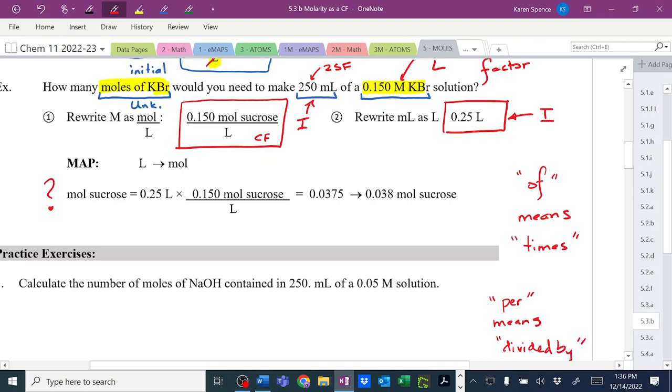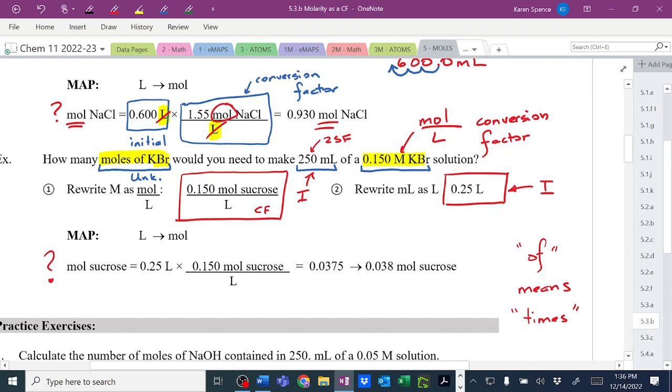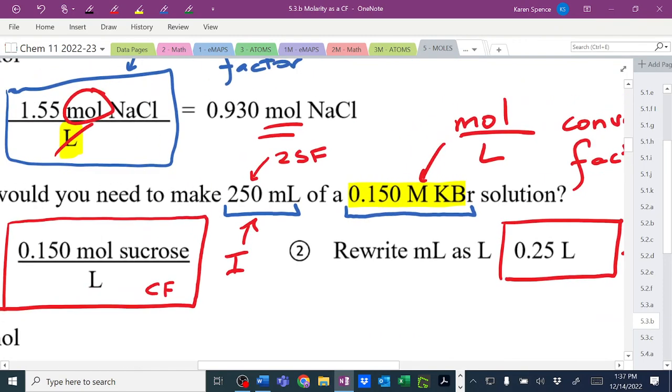The reason I'm bringing this up right now is because in questions like this, look what we've got. I've got an of here. I have 250 milliliters of 0.150 moles per liter. Of means times, so 250 milliliters times 0.150 moles per liter.